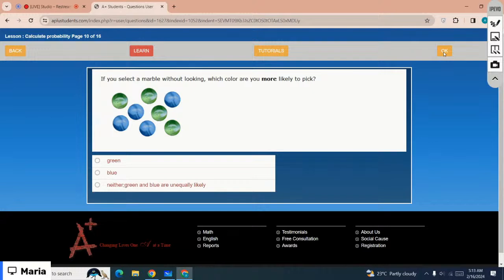More likely to pick, that would be neither, right? They both are equally likely. Certain means if you don't have any other option, whatever you pick, it would be brown. Got it?